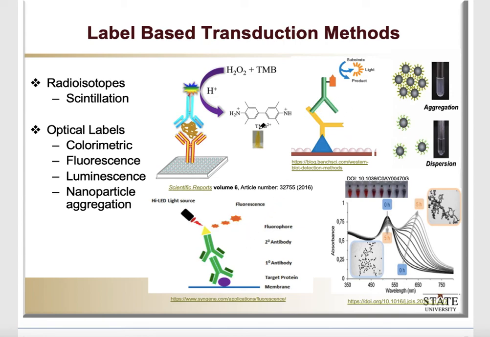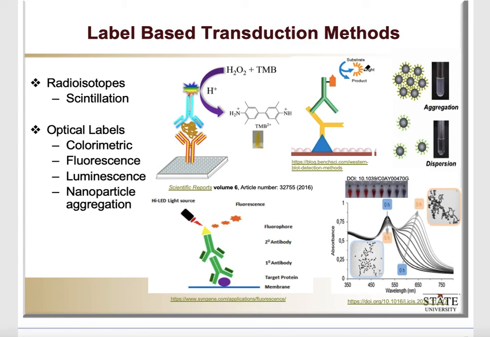From there we go to luminescence, which is what I was actually showing. So in the luminescence transduction, what you have is similar to the first one, in that typically what you're going to label your antibodies with is an enzyme, and that enzyme could be something like luciferase, which would have the ability to take a substrate like luciferin and enable it to react, and in that reaction light is going to be one of the byproducts.